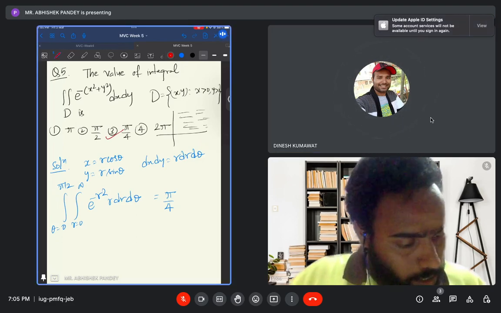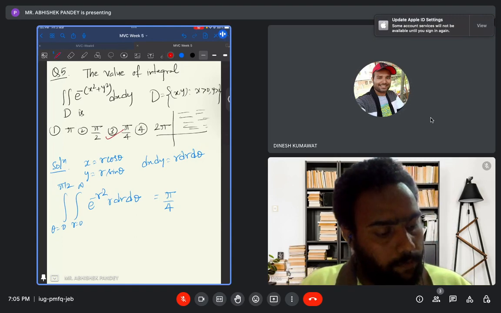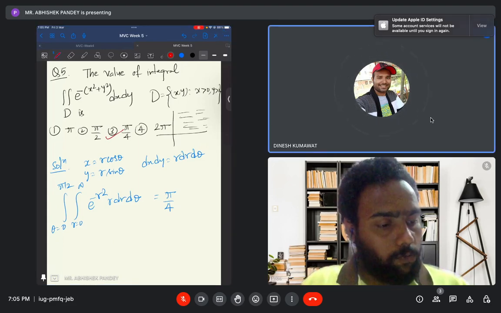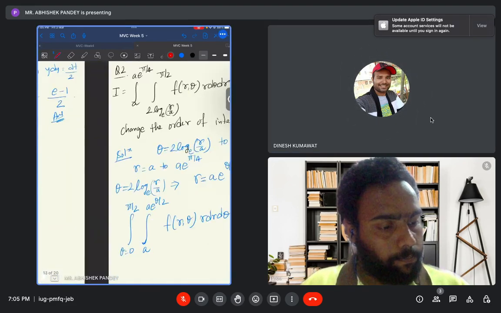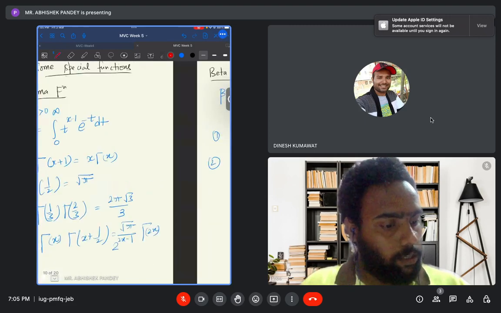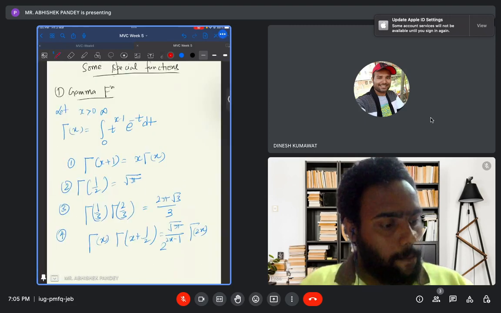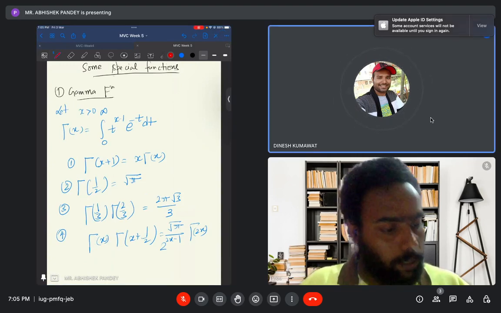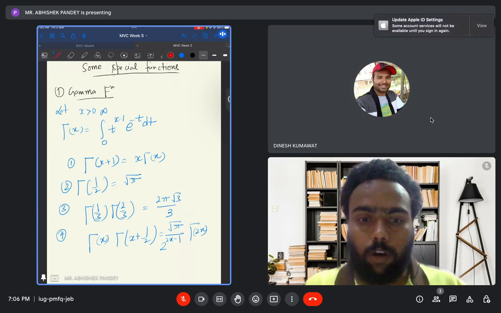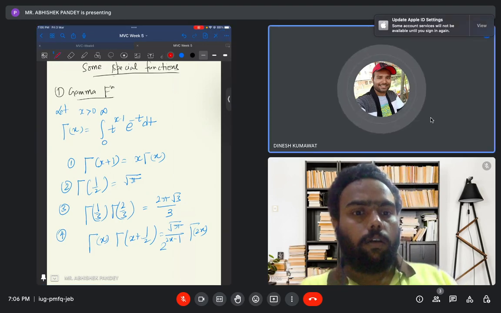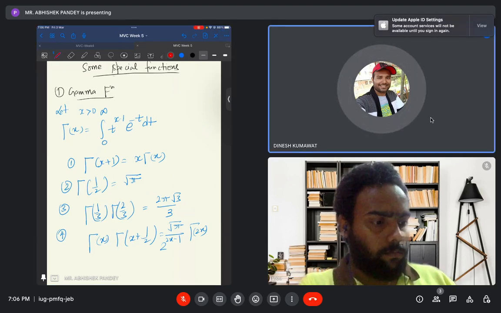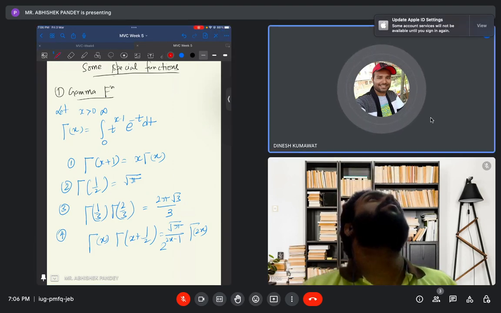Okay, on this one, 0 to infinity e to the minus r square r dr. For the gamma function, the second definition is gamma n equals 2 times the integral from 0 to infinity of x to the power 2n minus 1 e raised to minus x square dx.